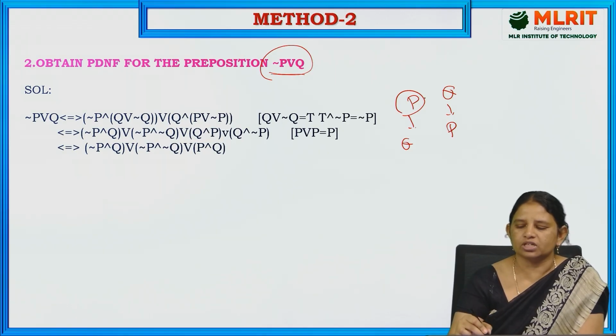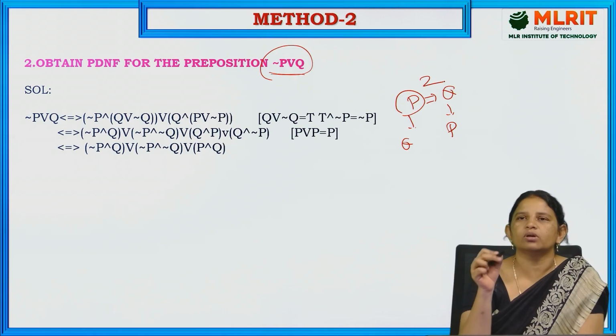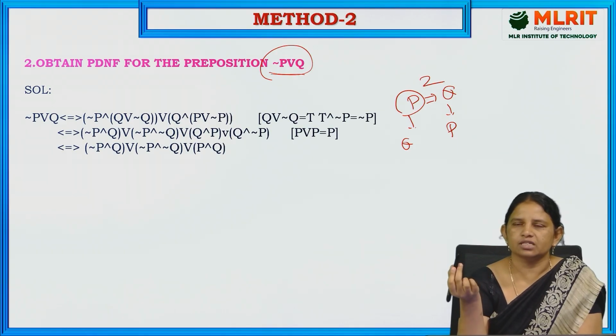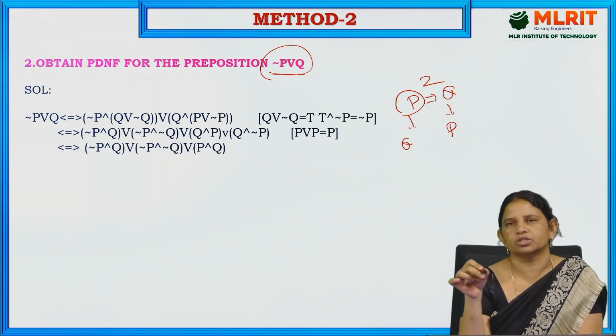If the proposition consists of only two variables, we add accordingly; if the proposition consists of three variables, we need to add three missing factors. Depending upon the number of variables, we need to add the missing factors.